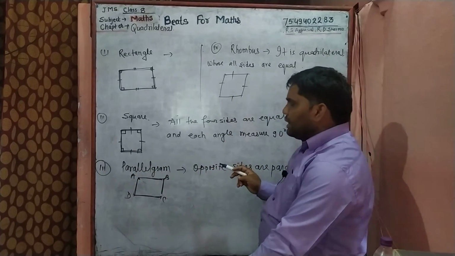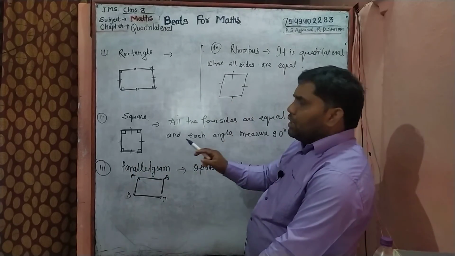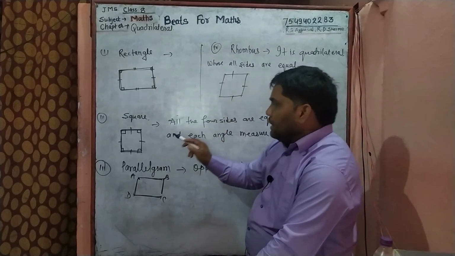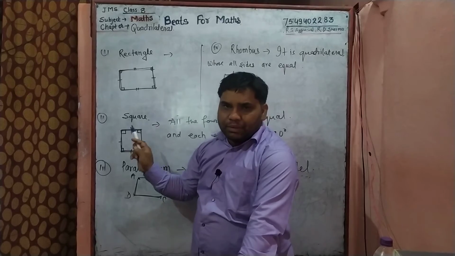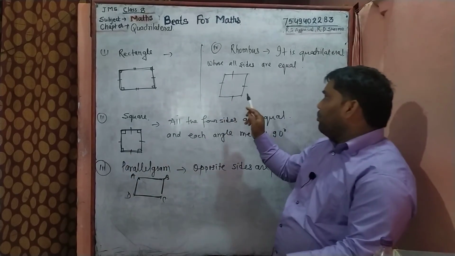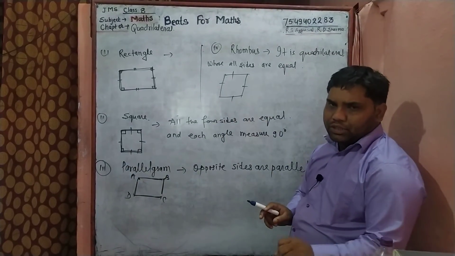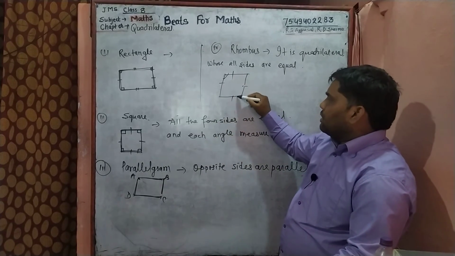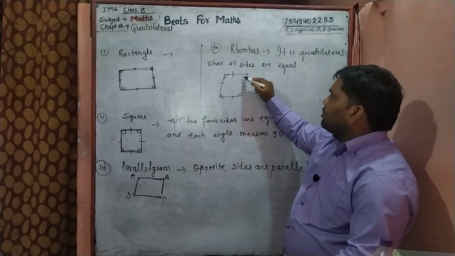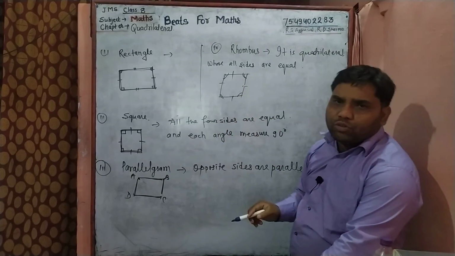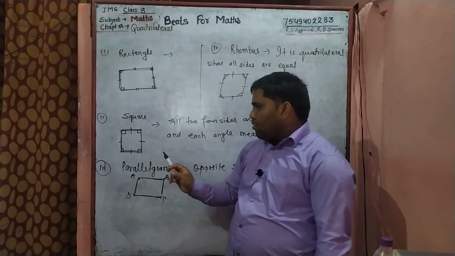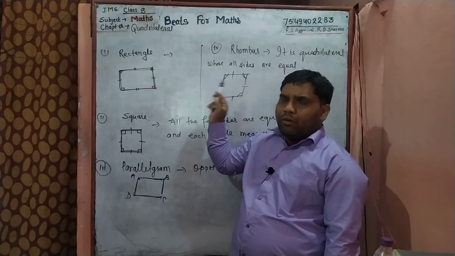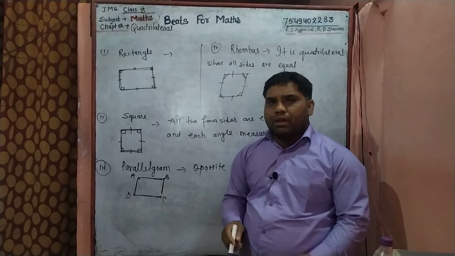But what is the difference? Actually, a square is also a rhombus. The condition in a square is that each angle must be 90 degrees, but in a rhombus it is not necessary. Its angles may be different, but opposite angles are equal. These two are equal, this one is equal to this one, but they need not be right angles. Every square is also a rhombus, but every rhombus is not a square.